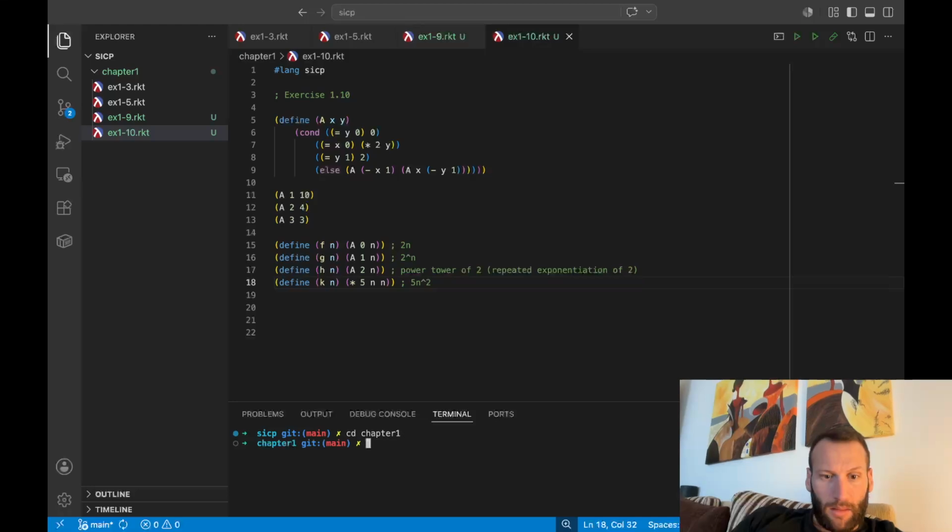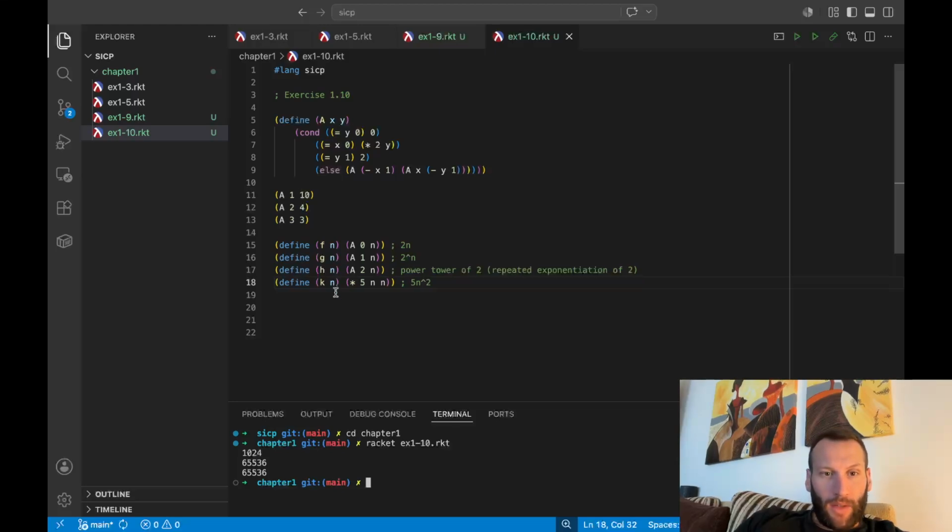Racket x110.rkt, and we can easily compute the values for these procedures, 1024 and 65,536, and I can observe that these are powers of 2.